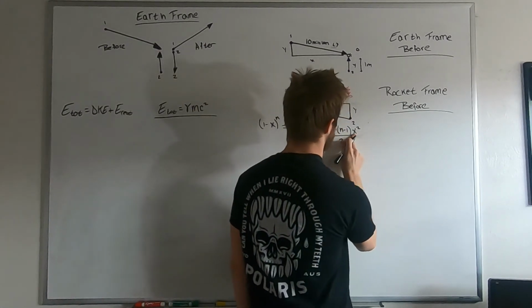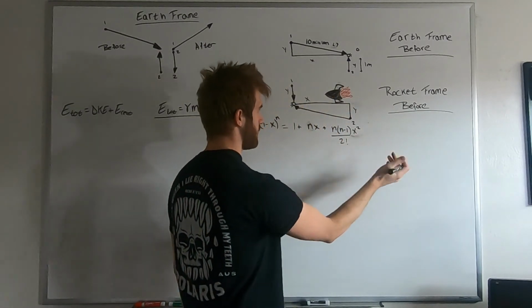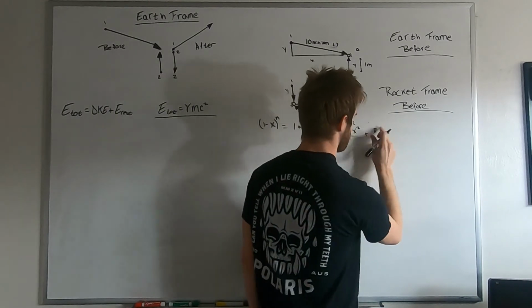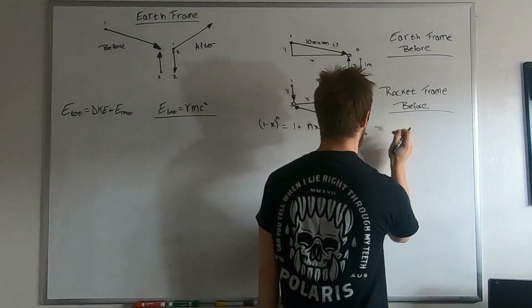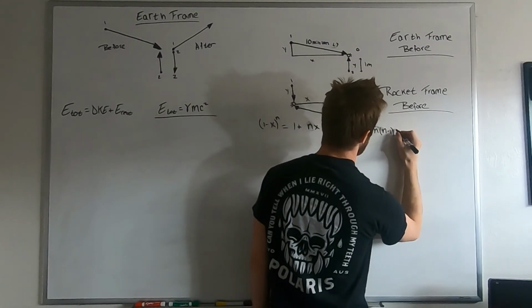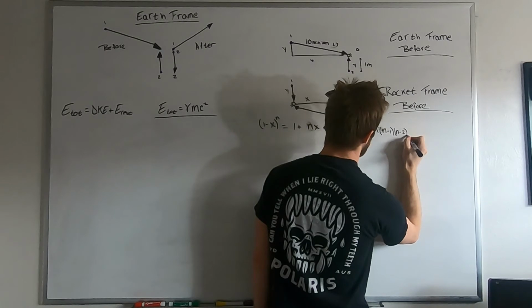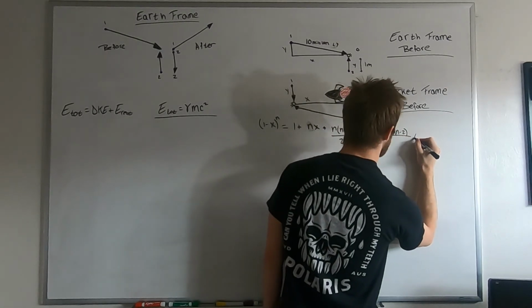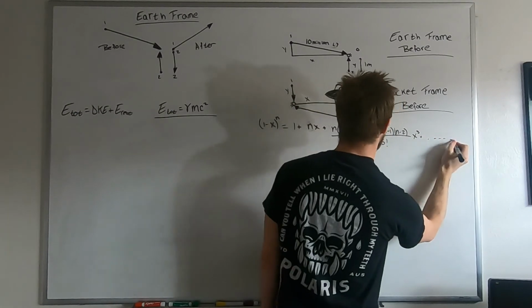And x squared is just by itself. And then we're going to add that to n times n minus 1 times n minus 2 over 3 factorial times x cubed. And that goes on forever.